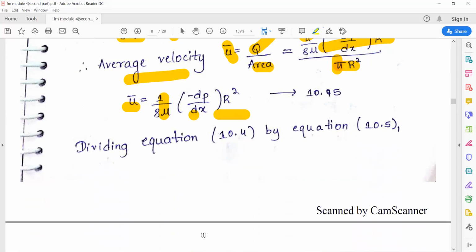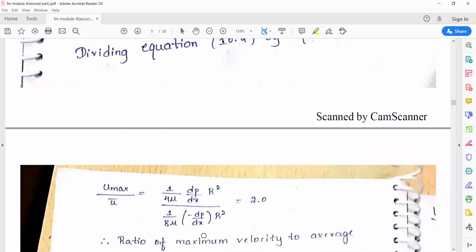Now, since you are finding the ratio of maximum velocity to average velocity, the ratio of U max by U bar can be written as follows. Already we have derived the expression for U max, that is 1 by 4 mu into dp by dx into r square, divided by U bar.